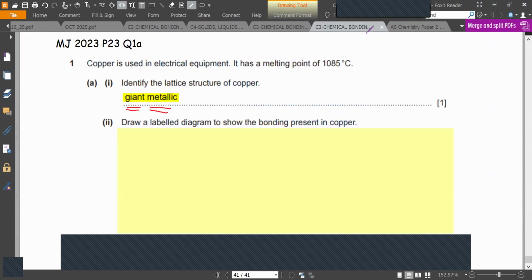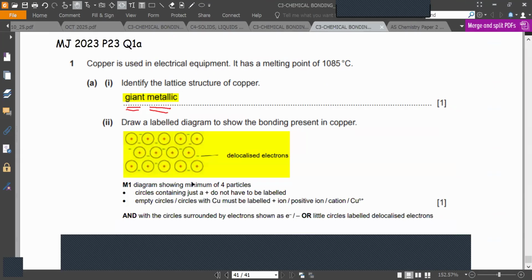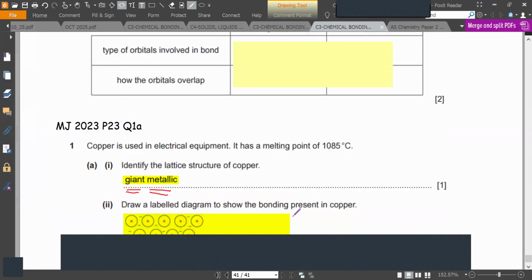Some details: the circles containing just a plus do not have to be labeled, and the circles are surrounded by electrons shown as e negative or negative. So these are some of the details.